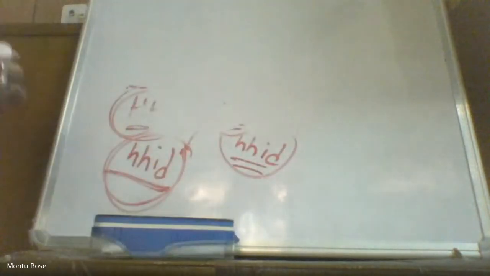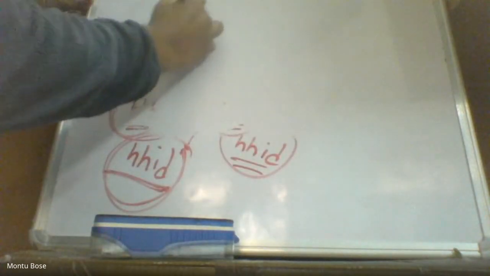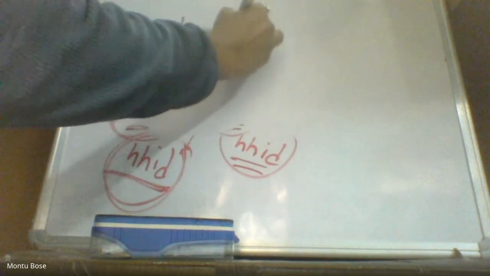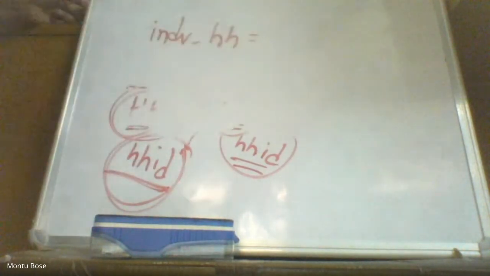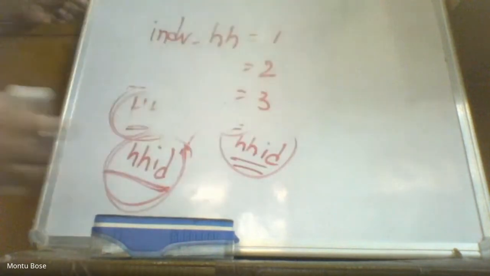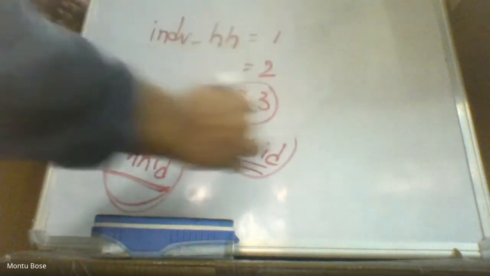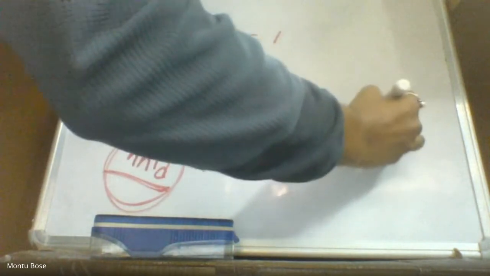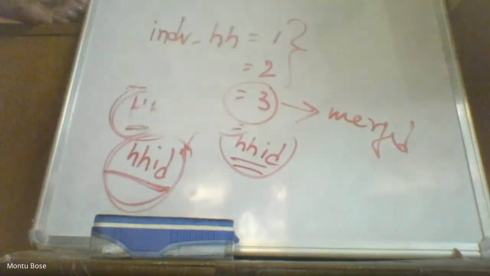We have created the variable indv underscore hh, and it could take three values, 1, 2, 3. So 3 actually means it's merged, and these two are not matched data.